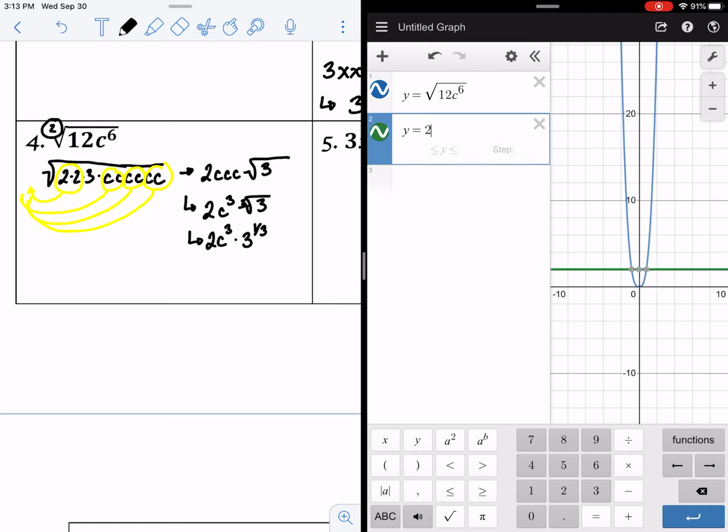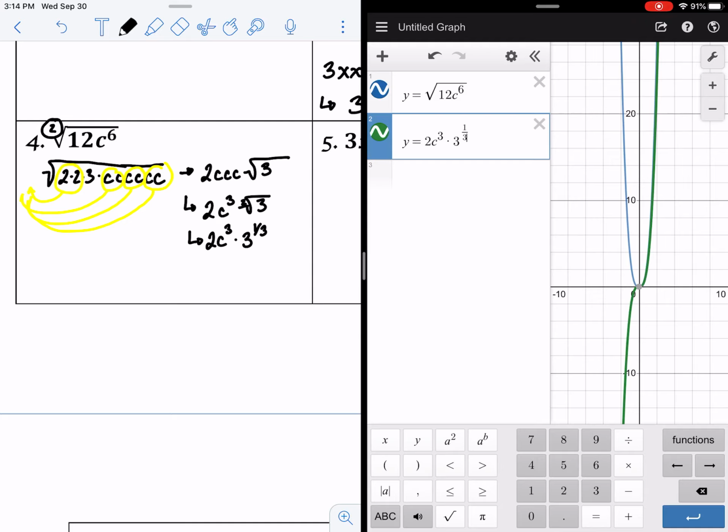Y equals 2c to the 3rd times the square root of, whoops, I typed my answer in wrong, times 3 raised to the 1/3.